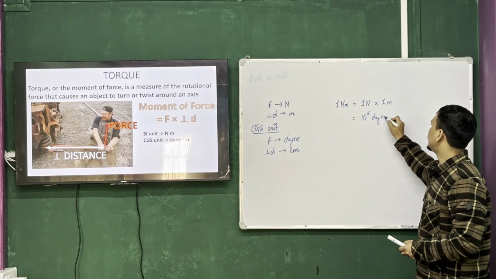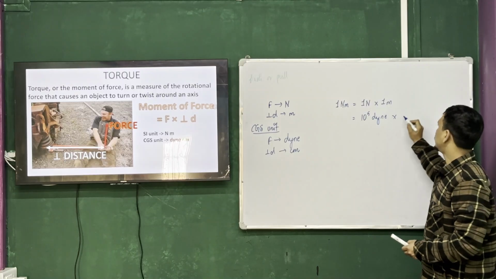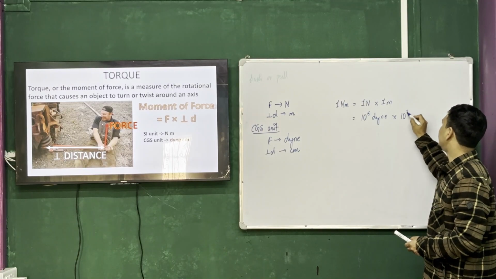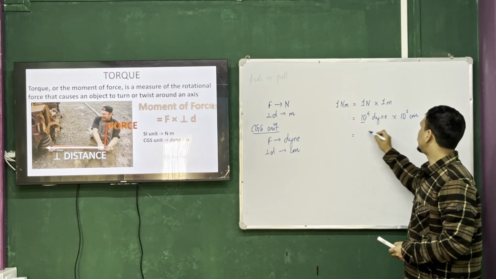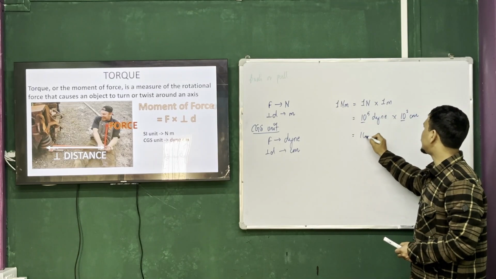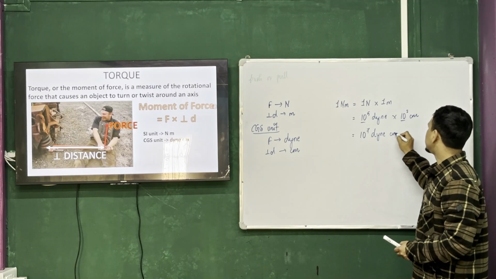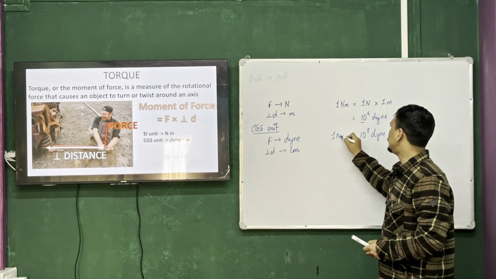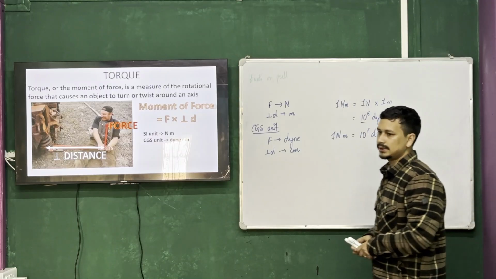Very good. And 1 meter is how many centimeters? 100, or we can simply write 10 to the power 2 centimeter. If you multiply 10 to the power 5 times 10 to the power 2, we get 10 to the power 7 dyne centimeter. So 1 Newton meter equals 10 to the power 7 dyne centimeter.